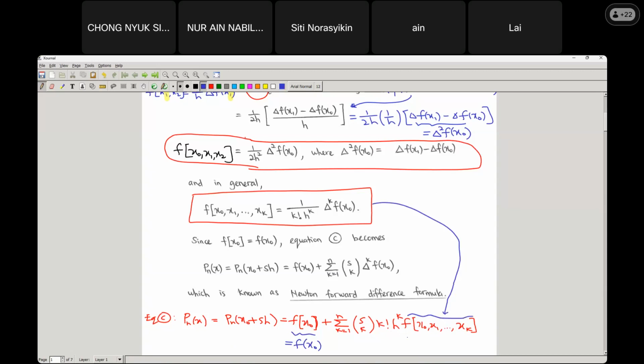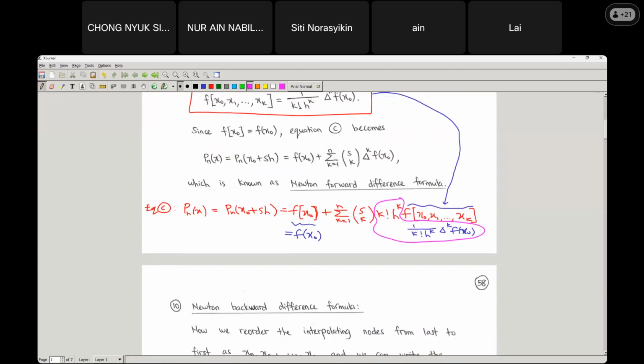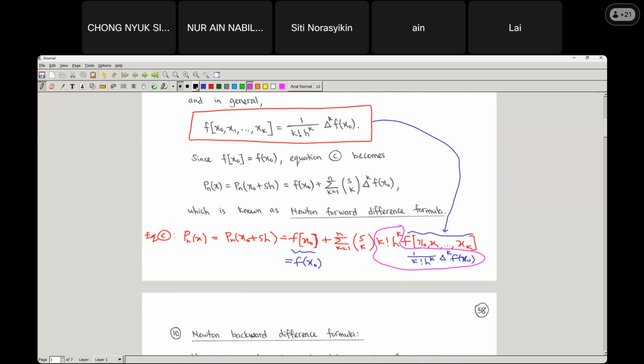So that means this is equal to 1 over k factorial times h to the power of k times triangle to the power of k f(x0). My focus is this term times this term.